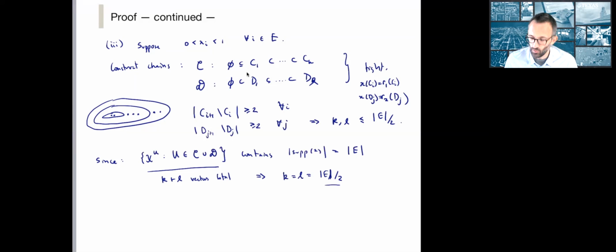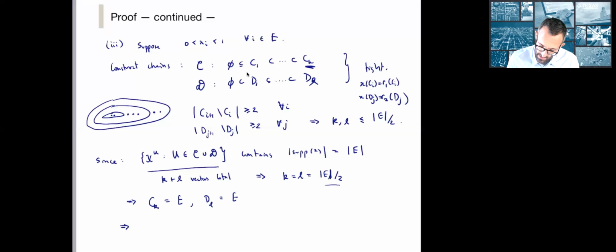If you have E over 2 elements in your chain, and every set adds at least 2 elements, then this implies that ck, the final element, is equal to E. Has to, because I augmented E over 2 times, and I added at least 2 elements each time, and I had a chain. And similarly, dl, which we know now L and K have to be equal, is also equal to E. But then we have a problem, because it is not possible now.